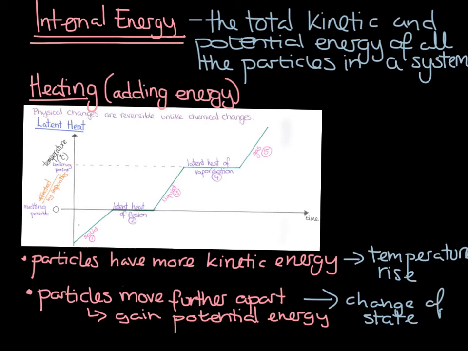But we can see that internal energy doing two things. We could either see that the particles have been given more kinetic energy, and if that's the case, there'll be a rise in the temperature of the substance. So if the particles have been given more kinetic energy, the temperature of the substance will rise as the substance has more internal energy.